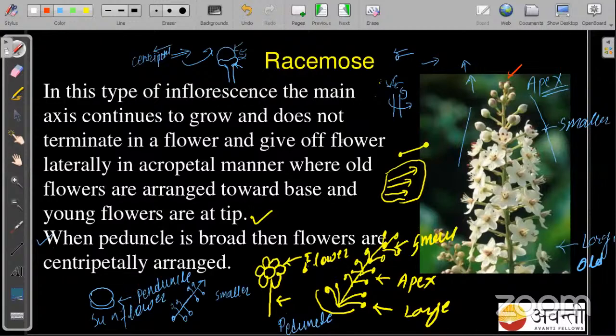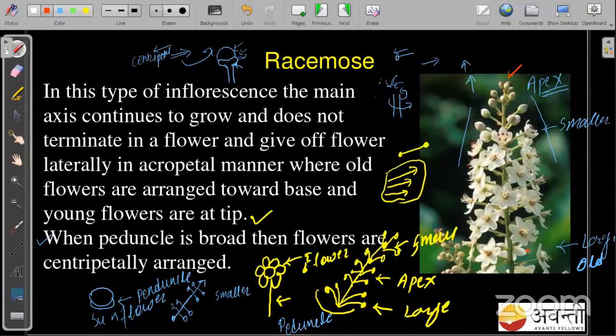First of all, what should we keep in mind for racemose? Please remember: the apex side is continuously growing and has new flowers, but the basal side has old flowers. Clear point. Next we discuss the different types of racemose.